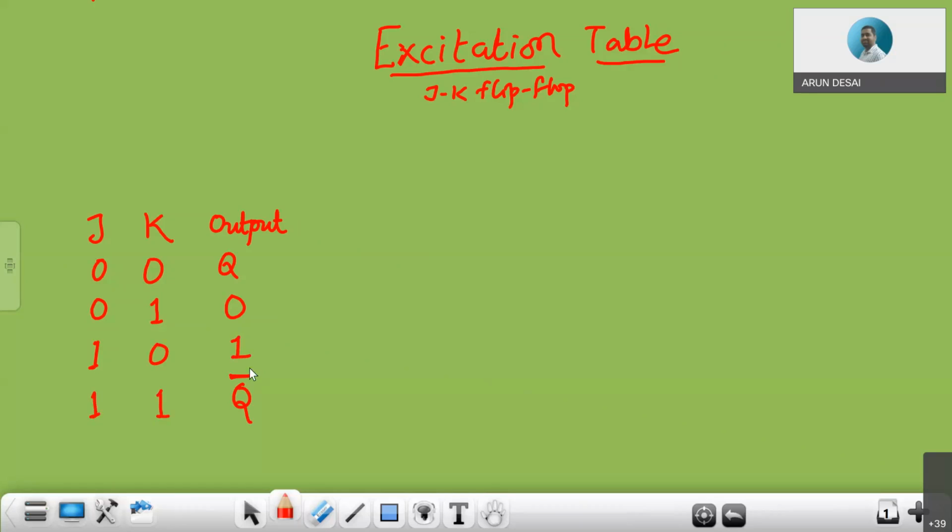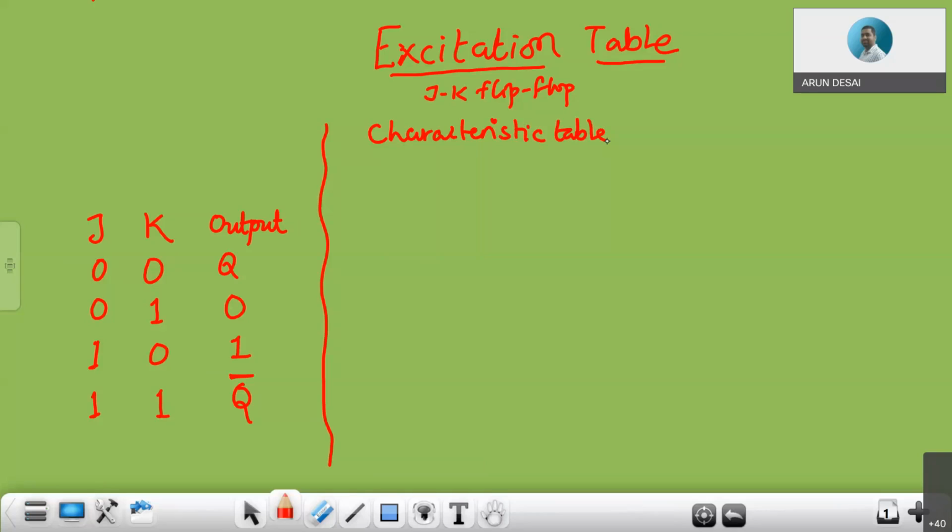Now, first of all, we'll see the characteristic table for the JK flip-flop. Now, what is a characteristic table? The characteristic table shows all characteristics of the JK flip-flop, right? So it is basically what you call a truth table with all its possibilities, right?